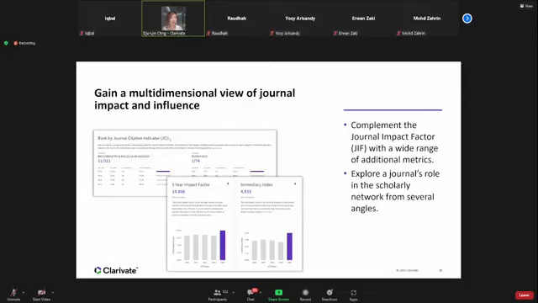The reason why the quartiles can be different is because the way that Scopus and Web of Science categorize journals can be different. Certain journals in certain categories may not be the same. With that said, the number of journals in each category can also be different. Therefore, the quartiles can be different.